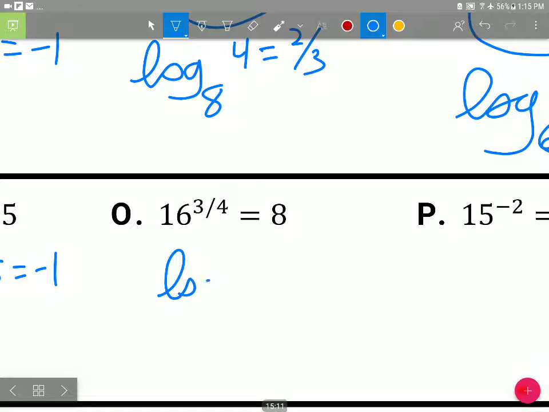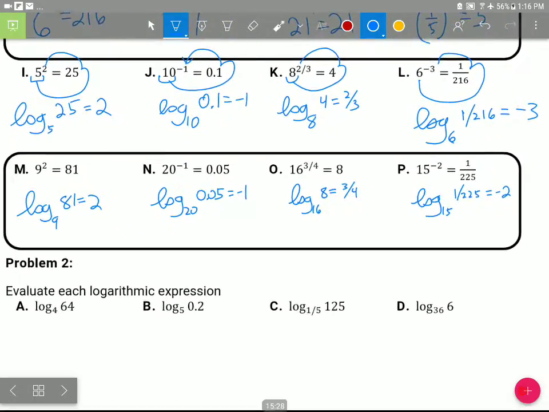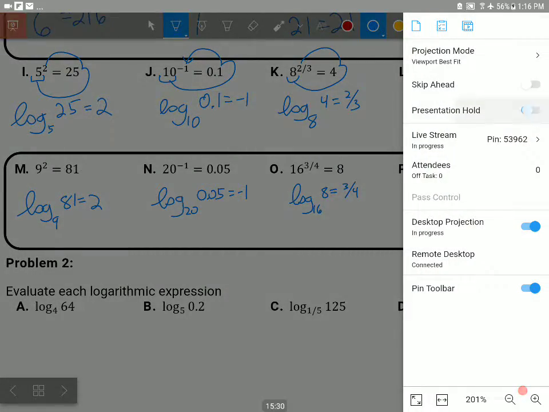Separate out the pieces. Yes, it is. Look.